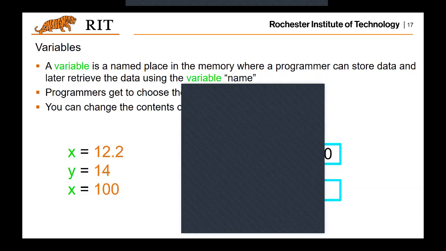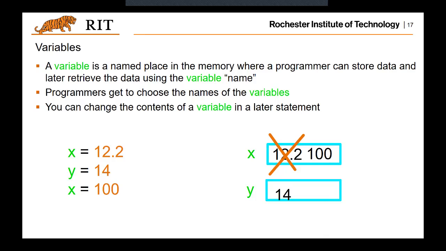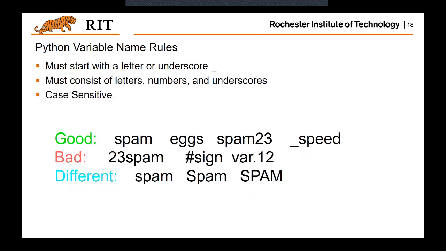So that's the variable and variable names. I will introduce more about the naming of the variables. So there are some rules. Definitely there are some things you have to follow. For example, variable names must start with letters or underscores, right? And cannot start with some special characters.